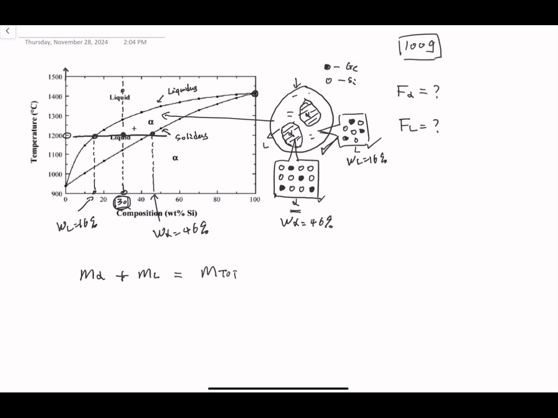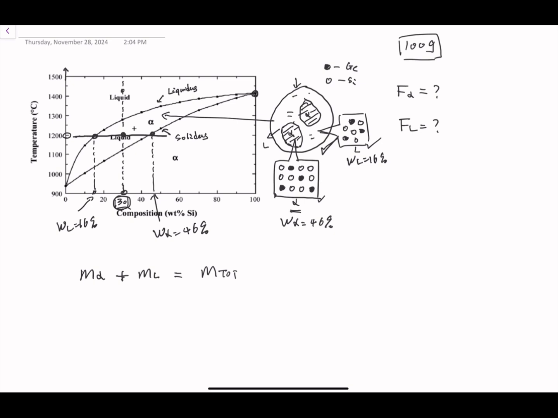Now there's another important conservation equation, which is the total amount of, for example, silicon atoms. When the system separates into two different phases, the silicon atoms redistribute themselves into the liquid phase and solid phase, but the total amount of silicon and the total amount of germanium, of course, are conserved.